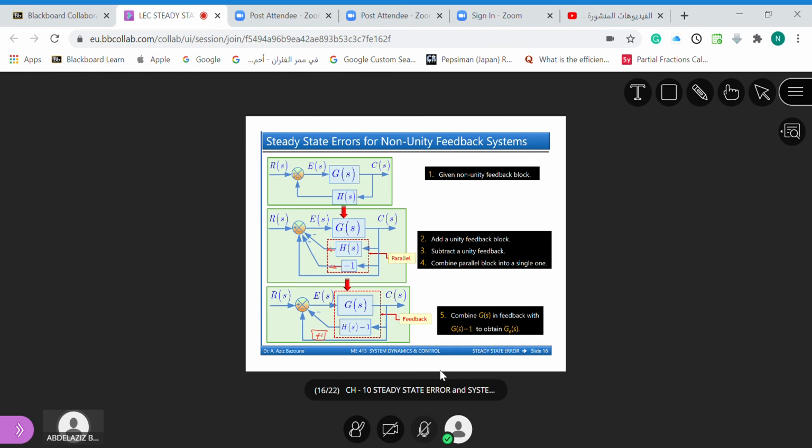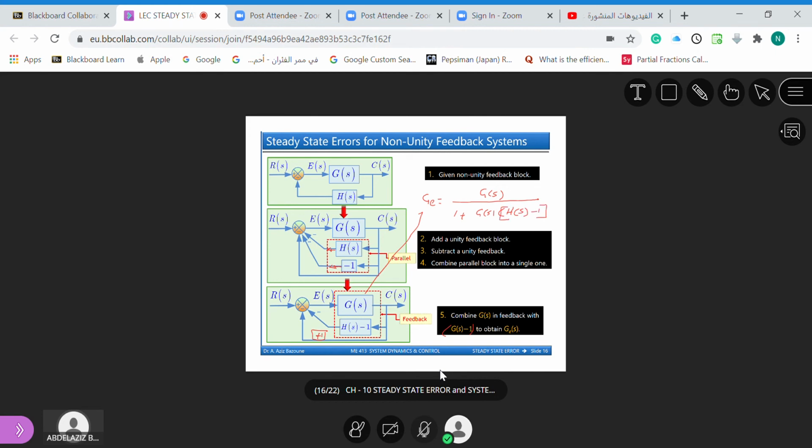This is +1, okay? So here, as you can see, when we are combining this, can we take the equivalent of this one? We just take this and this. Now these are feedback. G of S and H of S -1 are feedback. Can I take the feedback of this, and then call this one G equivalent? G equivalent will be simply G of S over 1 plus this times this, it will be G of S times H of S -1.